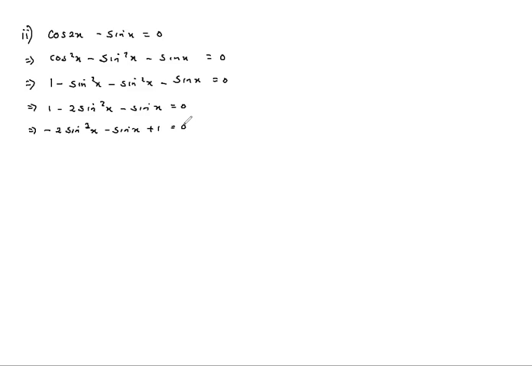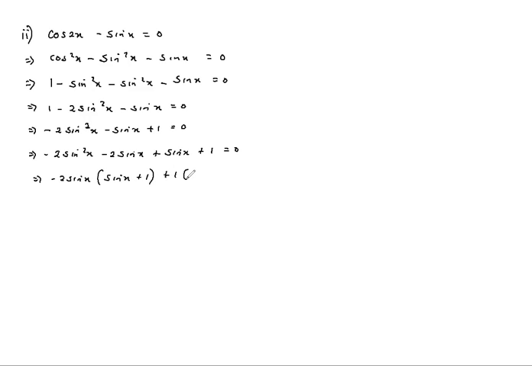The product is negative 2. The sum is negative 1. Which two numbers can do that? Of course, negative 2 will be one of them, and it will be joined by the positive 1. So we factor out negative 2 sine x and remain with sine x plus 1.